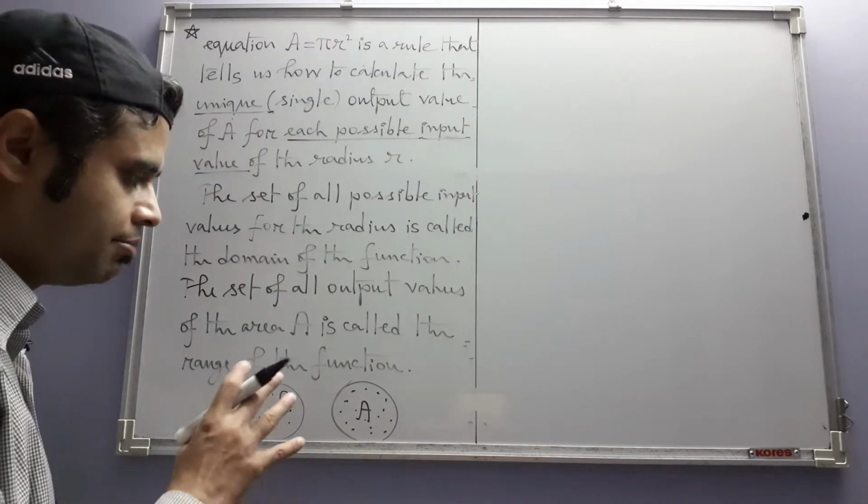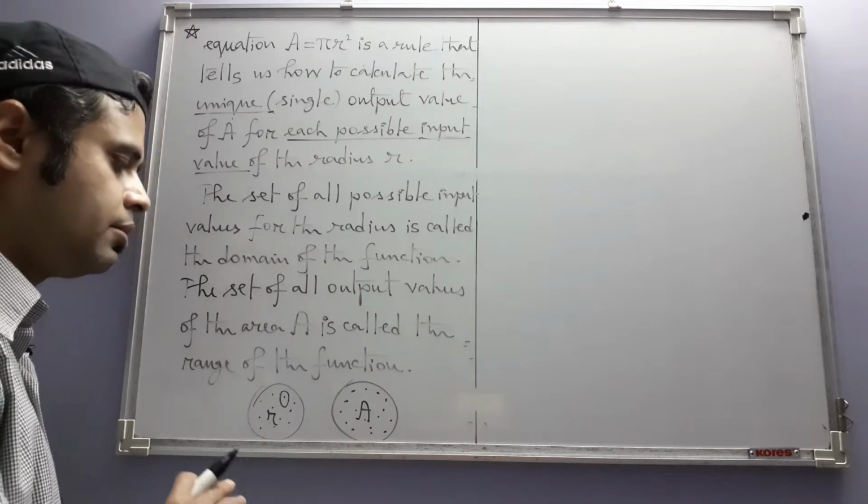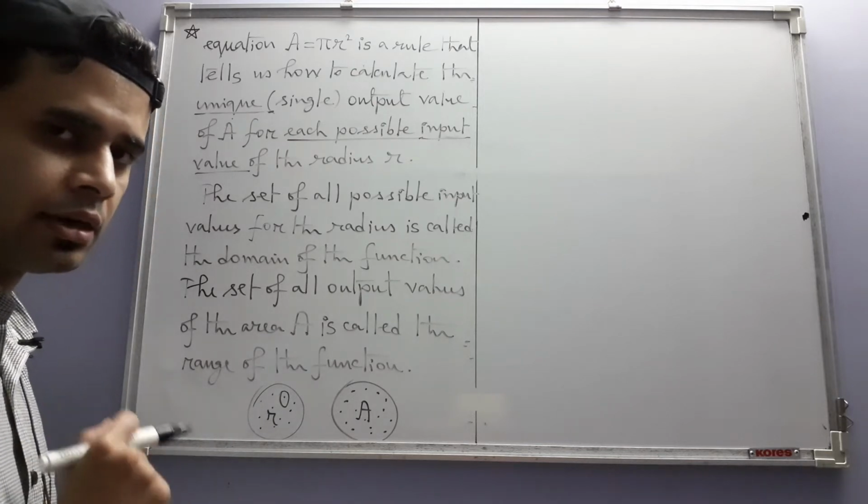Area of a circle can be a positive real number or 0, but never a negative real number.